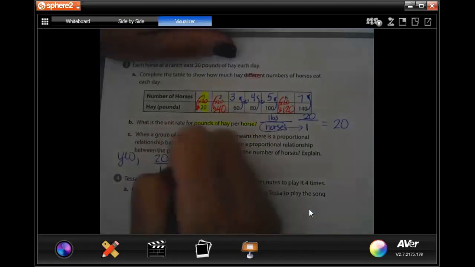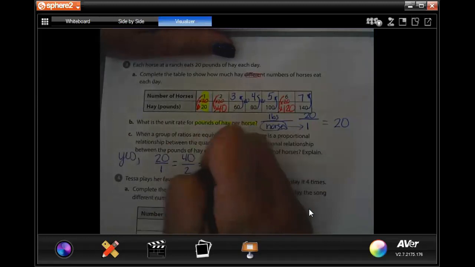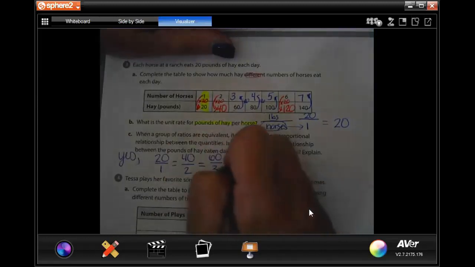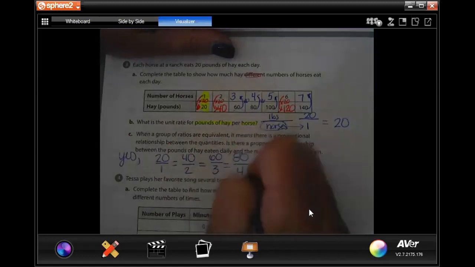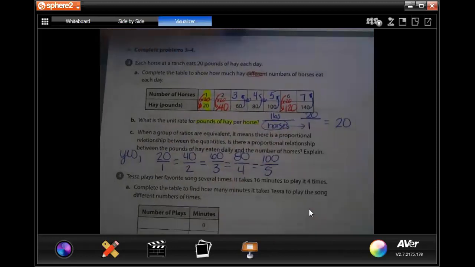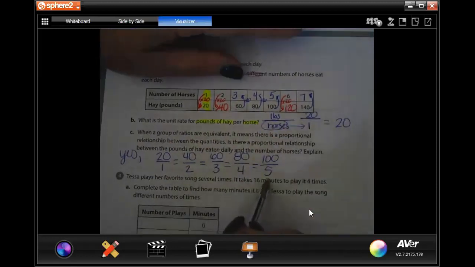That is equivalent to 40 to 2, because if I were to reduce 40 over 2 down, it's 20 over 1. That is equivalent to 60 over 3, which is equivalent to 80 over 4, which is equivalent to 100 over 5. And if I kept going and going and going, all of these are equivalent ratios.